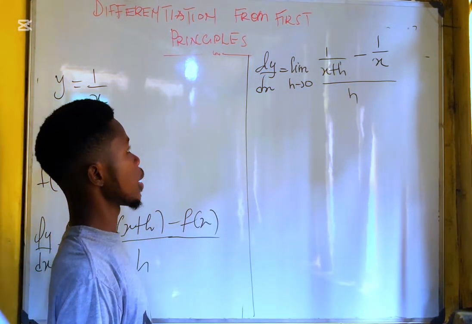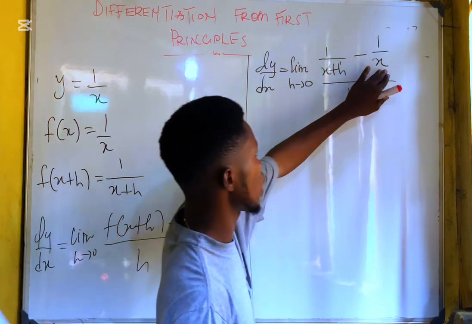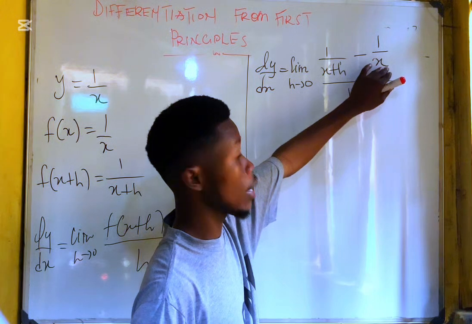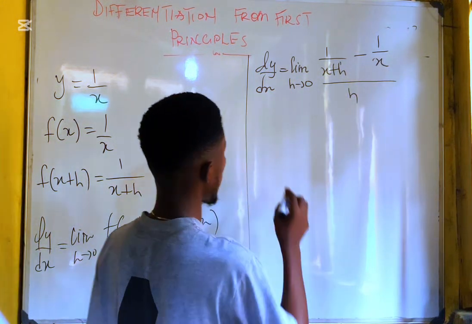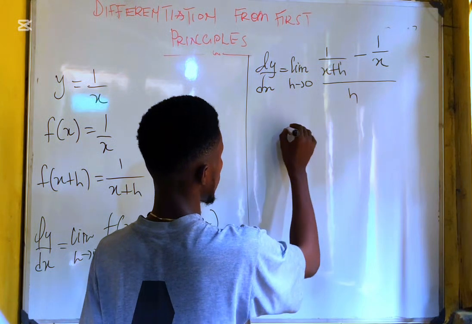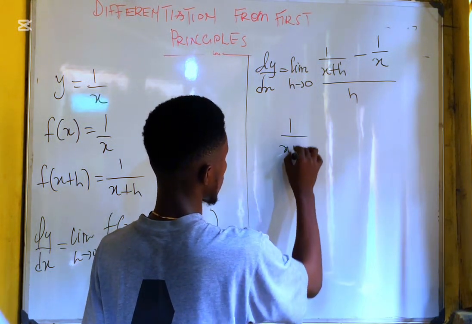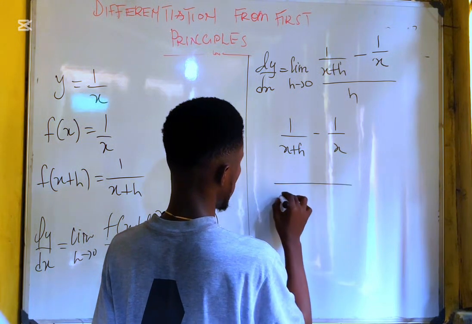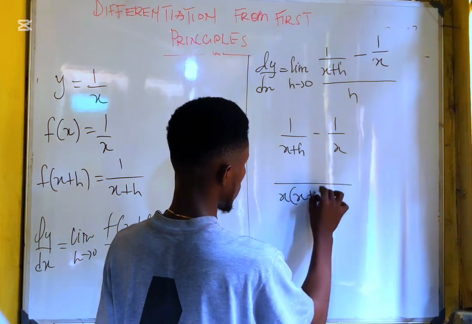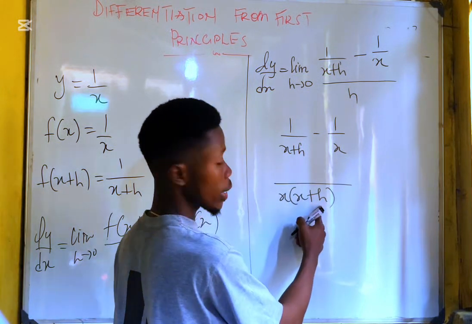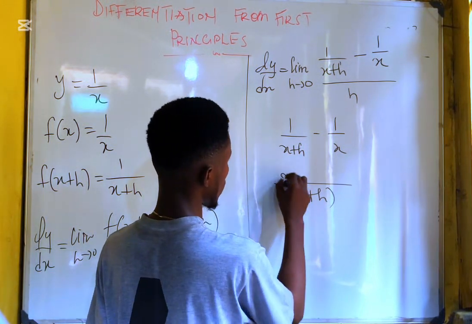Now here we find the LCM of x plus h and x. The LCM will be x plus h multiplied by x. Let me do that separately. We have 1 over x plus h minus 1 over x. The LCM is x plus h times x. So x plus h goes into itself 1, leaving x; x times 1 is x.